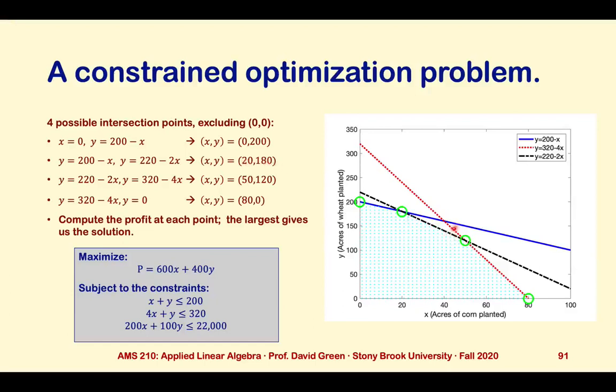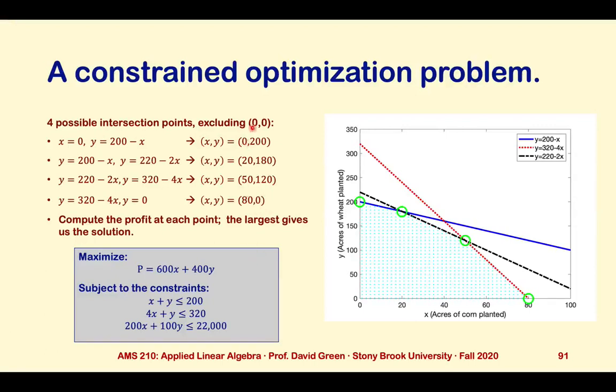The intersection of the black and red lines gives us an intersection of 50, 120. And the intersection down here of the red line with the x-axis is 80 and 0.